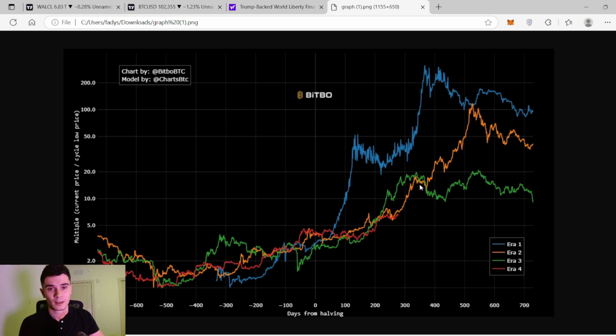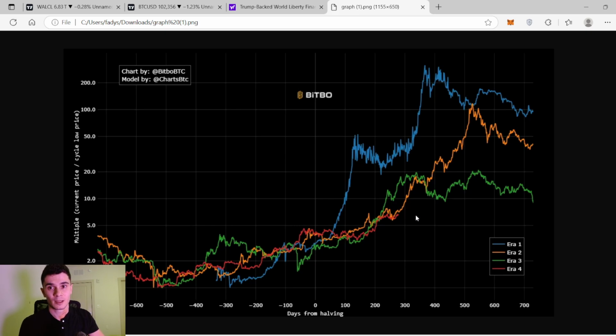Okay, so this is where we are in the cycle. That is another reason, like this whole chart is another reason why I think we are still going to see a lot of upside momentum in Bitcoin and in altcoins.